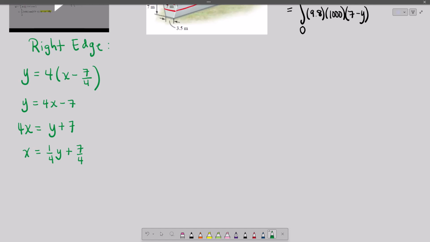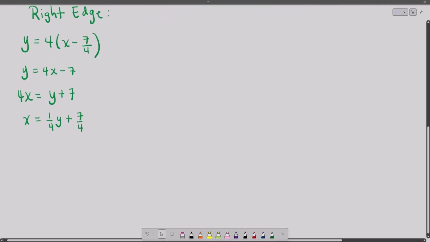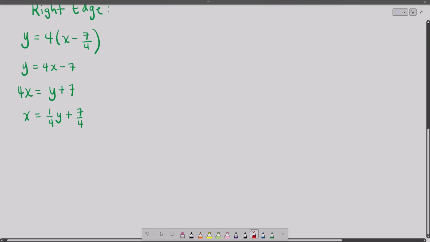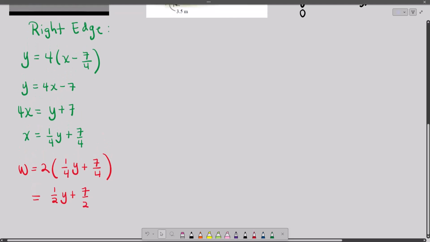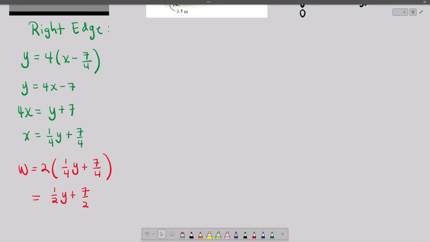W is the whole thing, so what do we do to that X to get W? Double it. So W will be 2 times this. And if we distribute that 2, we're going to end up with 1/2 Y plus 7/2. That is the distance across the face at a height of Y.